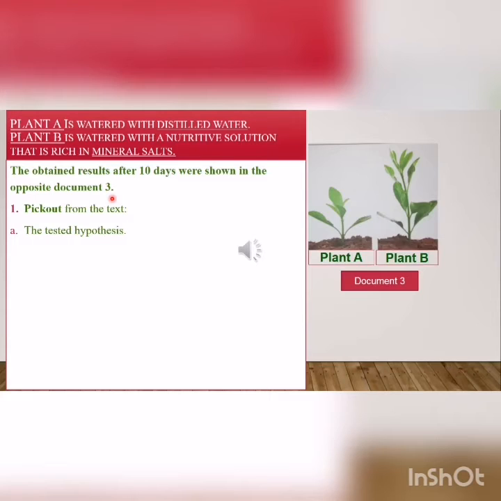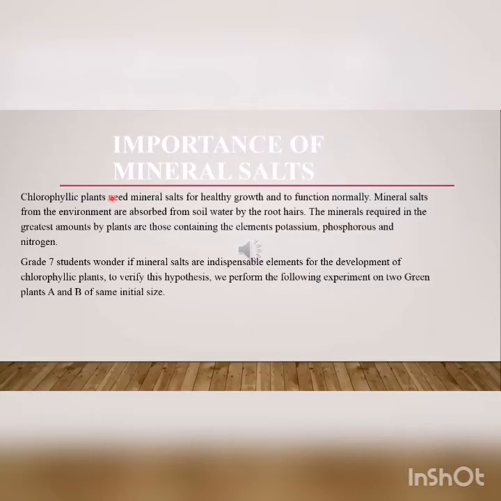Number 1, pick out from the text the tested hypothesis. The hypothesis is: mineral salts are important for growth of chlorophyllic plant. The importance of mineral salt to chlorophyllic plant to function normally and to be healthy. Okay, for healthy growth and to function normally.